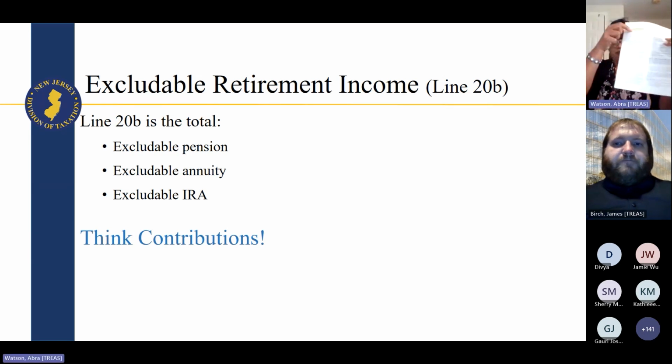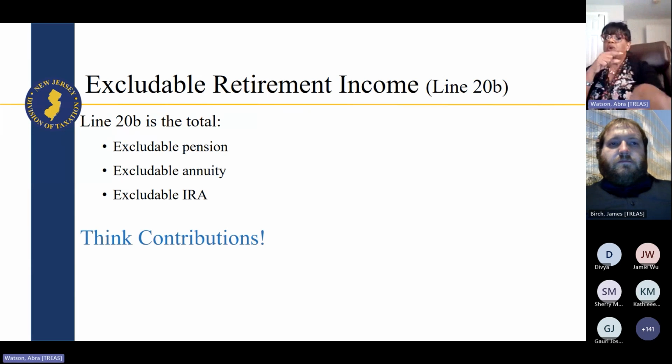So if it's here, it doesn't go here. What goes here on line 20B is anything on your worksheet A, B, or C that you've excluded from your calculations. That goes on line 20B. So it's the portion of your calculation that represents your previously taxed contributions to the plans.